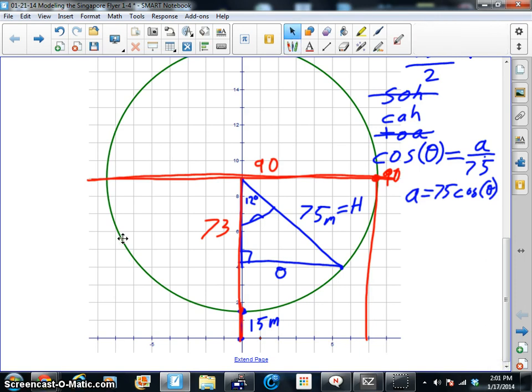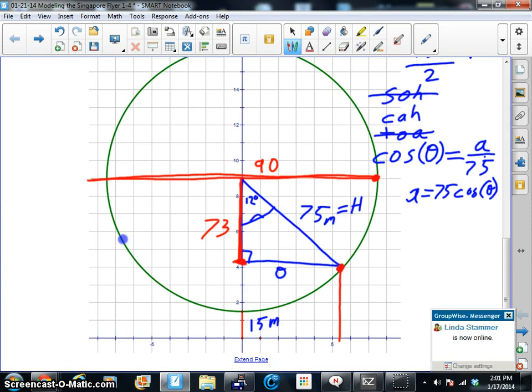Alright, so to do this, I'm not going to worry about this 90 right across the degrees. Since this is 73 from this part of the leg to this one, if I want to find out the capsule height at this time, we just need to subtract this leg from this, and this will give us our total amount.